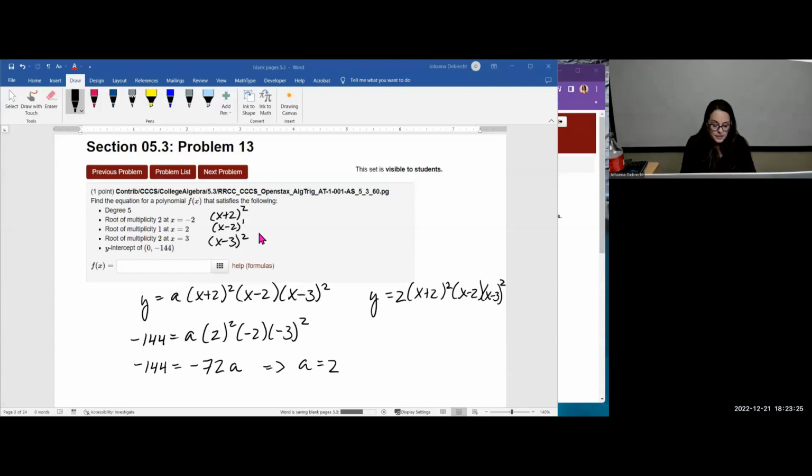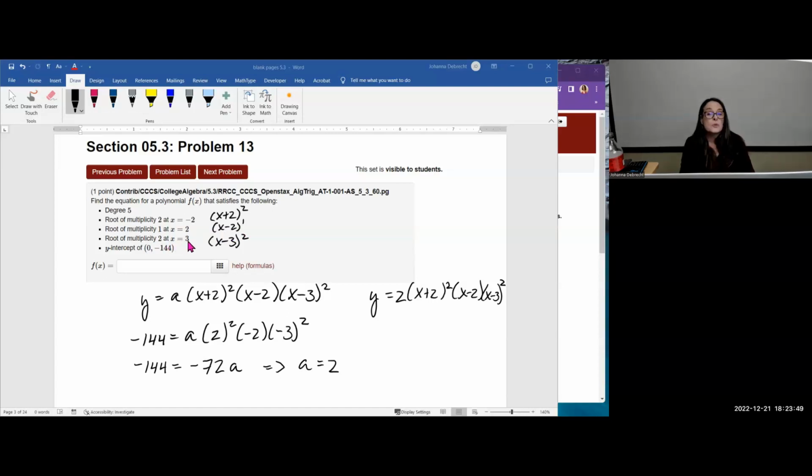So again, following the same process, if the solution is -2, the 0 or root, then the factor is x plus 2. And if it has multiplicity 2, then the power is 2. If the solution, root or 0, is 2, then the factor is x minus 2, and it has power 1 since it has multiplicity 1.